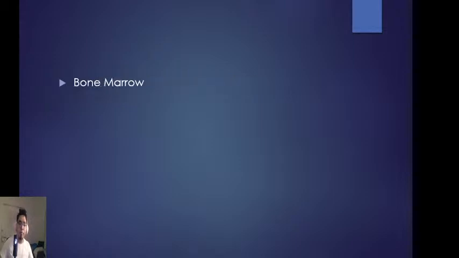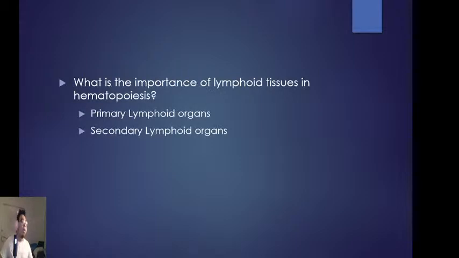Now, what is the importance of lymphoid tissues in hematopoiesis? Well, primary lymphoid organs are the site of maturation, while secondary lymphoid organs make the lymphocytes immunocompetent. So they mature in the primary lymphoid organs.